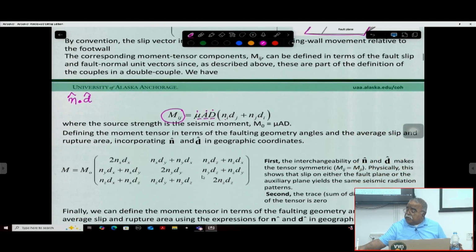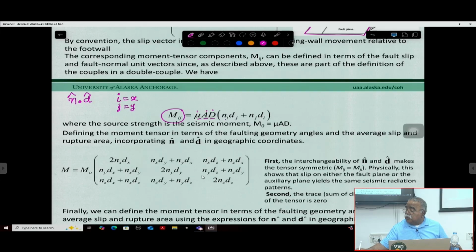So that's the part. If you put i and j together, so if I put i equals 1 and j equals 1, so then this is 2nx dx. Let's see, i equals x and j equals y.